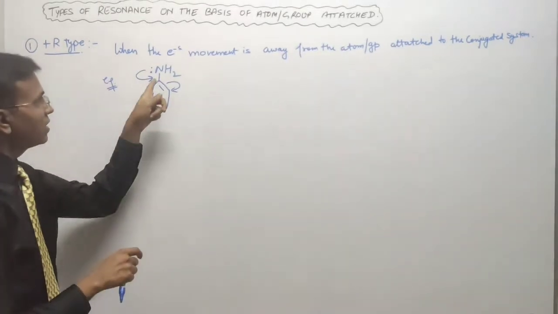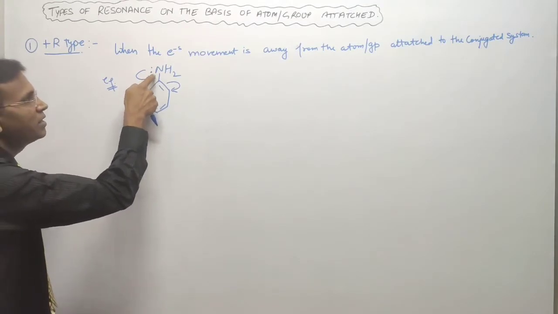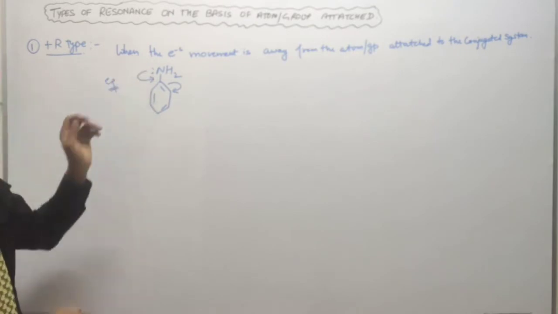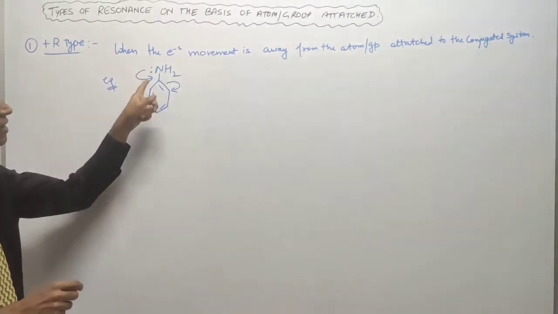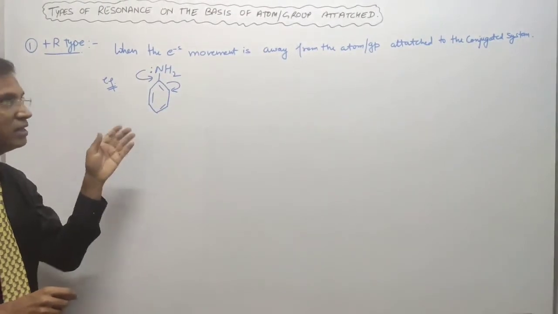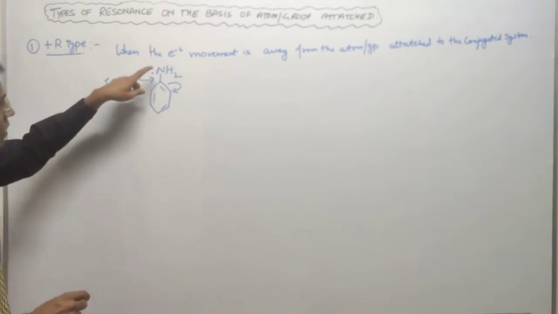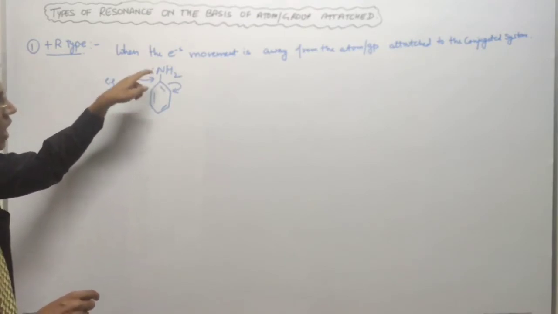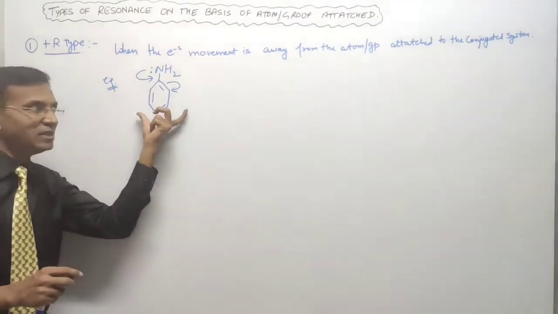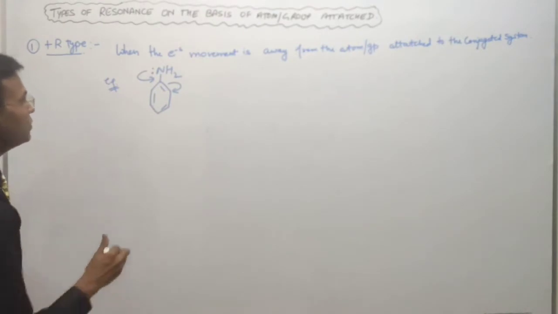That means the atom attached is nitrogen, and the electrons are moving away from the nitrogen. When electrons move away from the atom attached, it is called plus R type. That means in aniline, the lone pair of electrons moves away from the nitrogen atom, so the resonance in this species is plus R type, right?